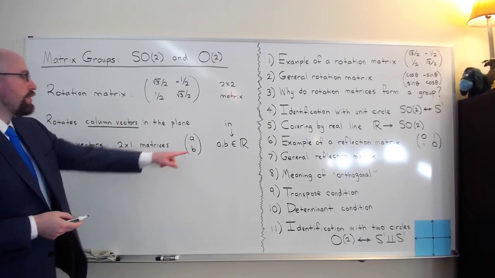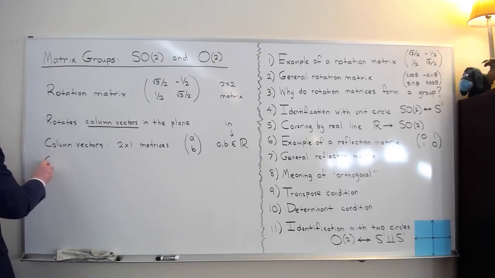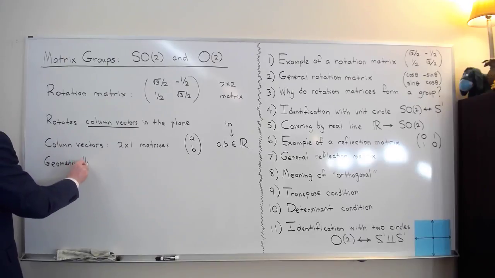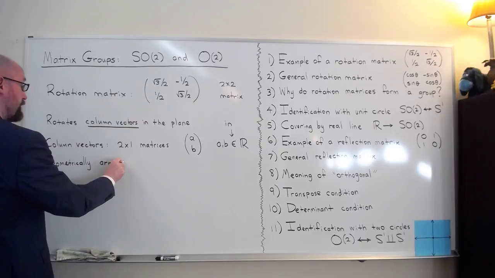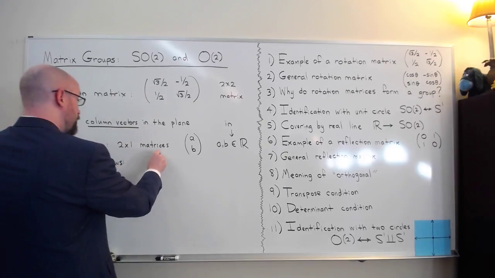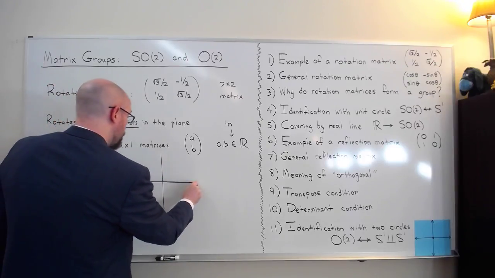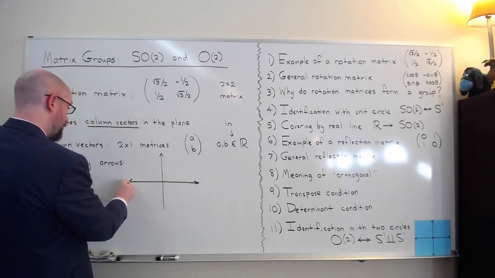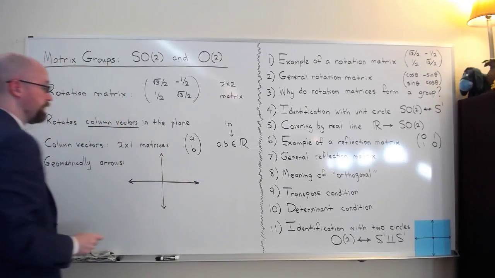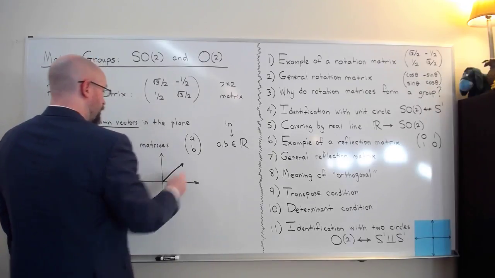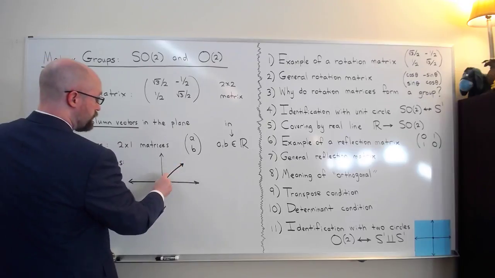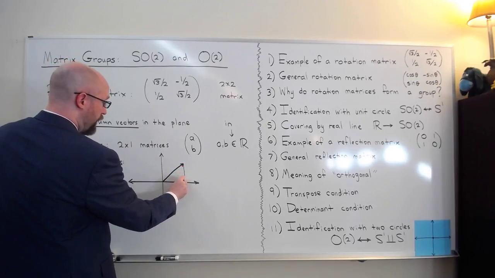So the way you think about these geometrically is as arrows. But this is one way you can think of them. And so what you do is you draw a copy of the plane, and then you draw an arrow. And this arrow, so I can draw this arrow, and then I can draw a perpendicular line here, and this is a right angle.